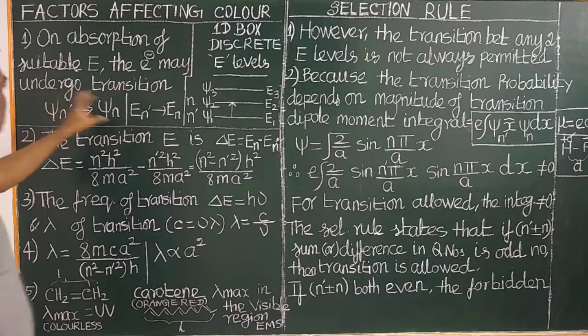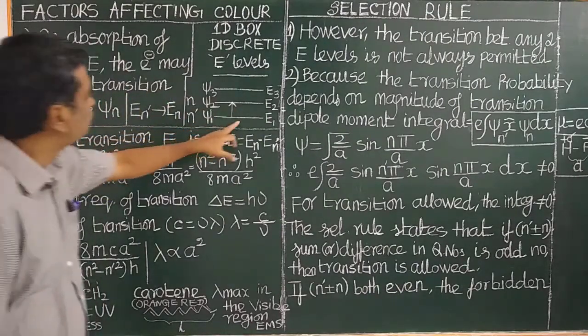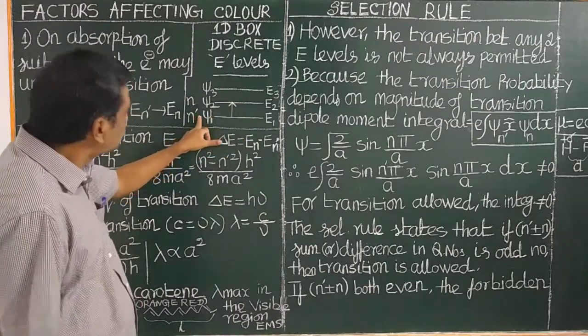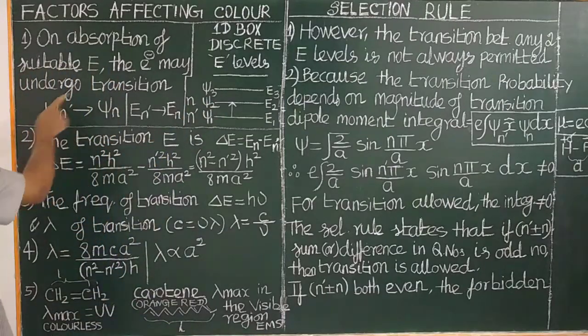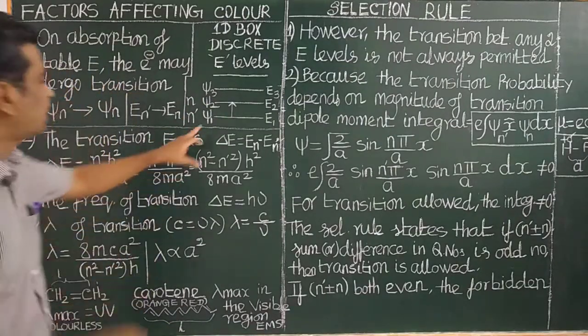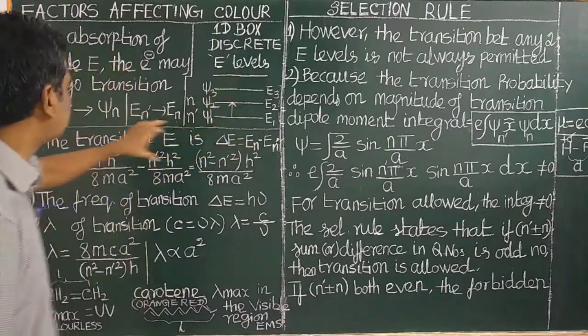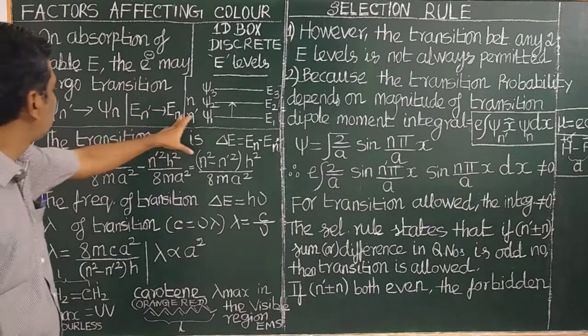Okay, let us consider transition from E1 to E2. That is, n prime is the ground state, n is the excited state. Therefore, let us consider the electronic dipole moment transition, psi n prime to psi n, that is En prime to En.